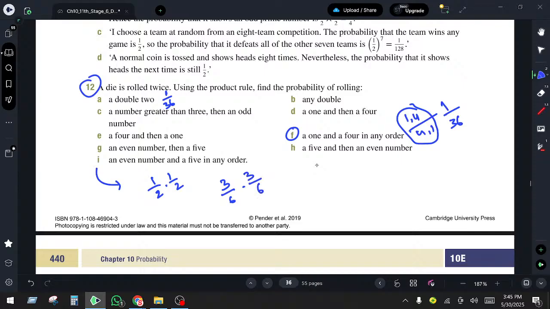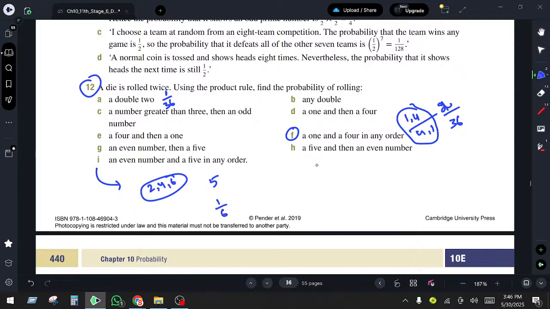Even number and 5 in any order. In any order means you have to take the only cases. Sorry, this is 2 over 36, because both are the same. Even number means 2, 4, 6, and a 5 in any order means 5.